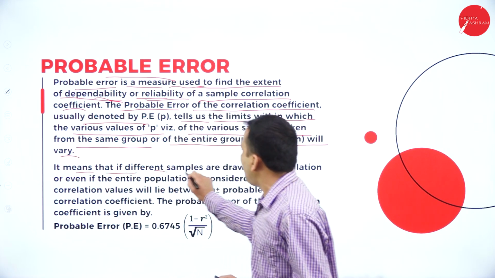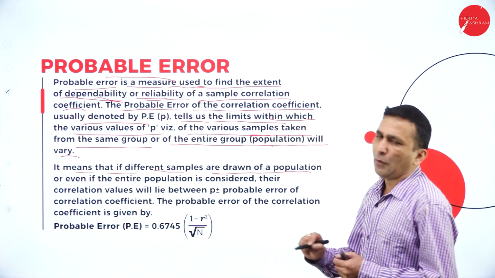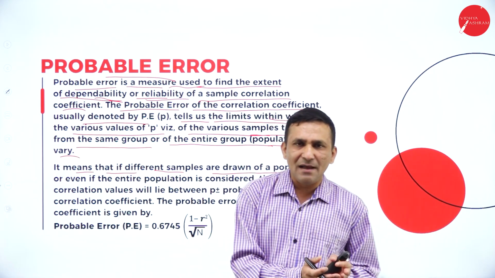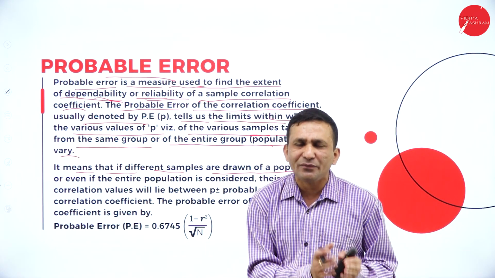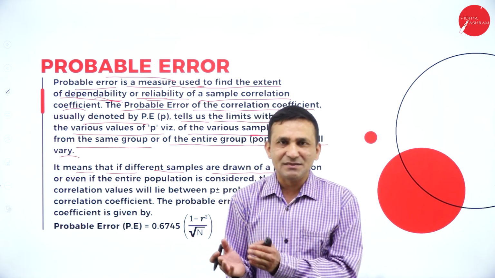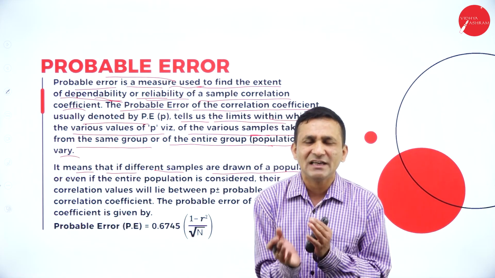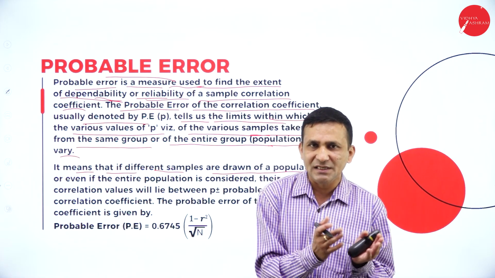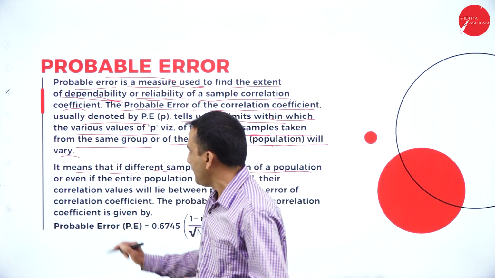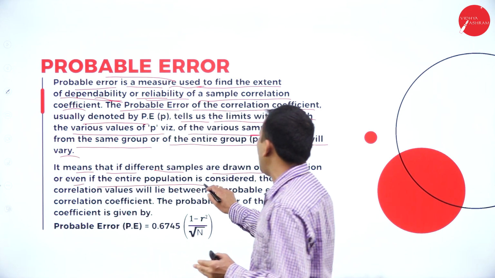It means that different samples are drawn from the population, either large sample or small sample. There are different types: under the discrete method and under the continuous series method. In the last session I explained the continuous series and the discrete series. We find the error even if the entire population is considered.